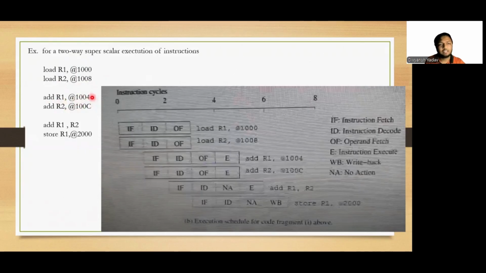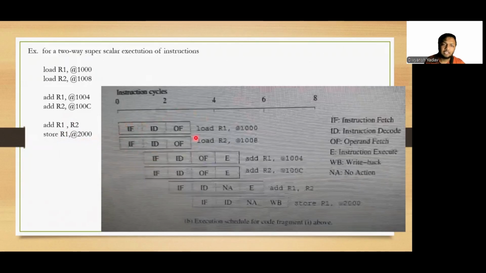So it will add the value of R1 with 1004 and store it in R1, and add R2 at the address 100C. So it will take the value at 100C and add it to R2. And then finally it's add R1, comma R2. So it will add both values of R1 and R2 and store it in R1, and store R1, comma 2000. So it will take the value of R1 and store it at the 2000 address.